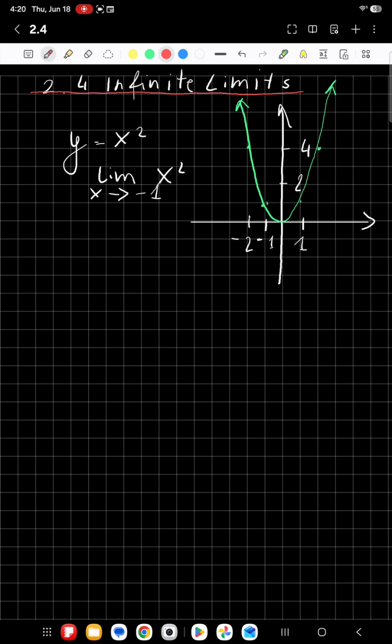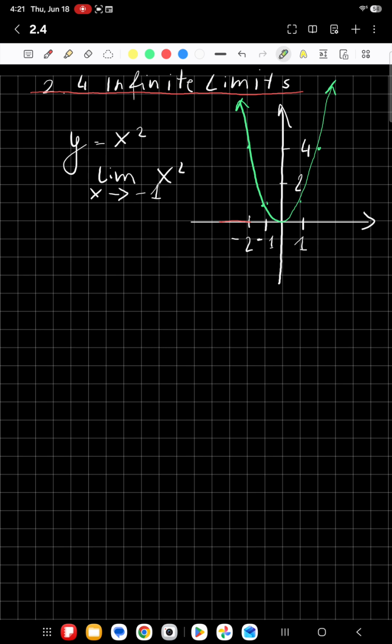So you guys see what the limit is, right? If I'm getting closer with my x's to -1, sorry, from the left, and then I get closer and closer to that -1 from the right.